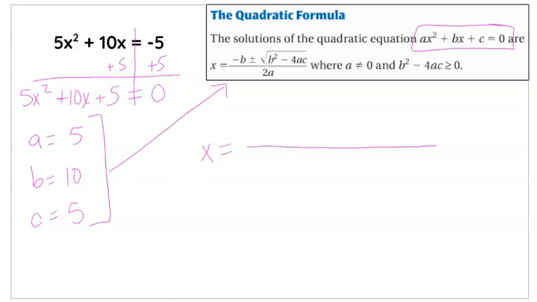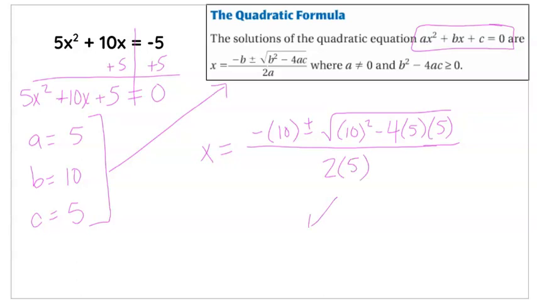X equals -b, which is 10, plus or minus the square root of b squared, so replace b with 10, minus 4 times a, which is 5, times c, which is also 5, all over 2 times a, which is 5.